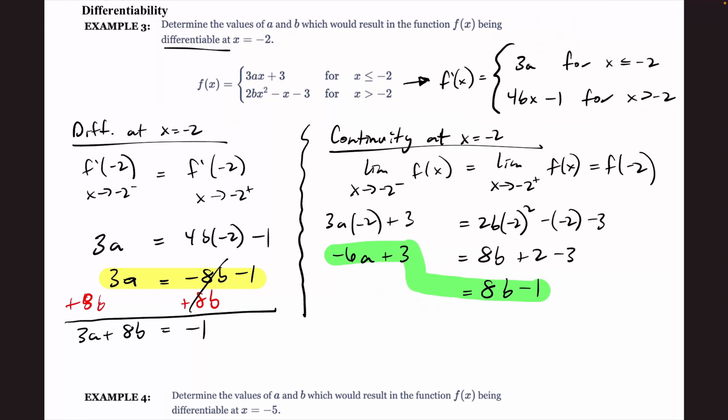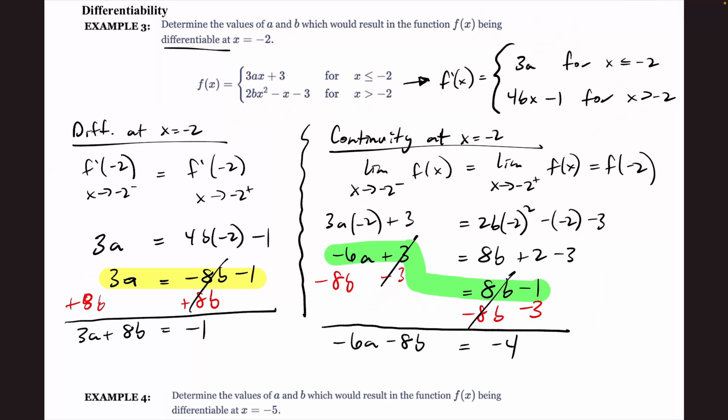And for this guy, you can subtract 8b or add negative 6a. And then I'm adding over here, so I got to subtract 3 from both sides. So you're going to get negative 4 over here, and over here you're going to get negative 6a minus 8b.